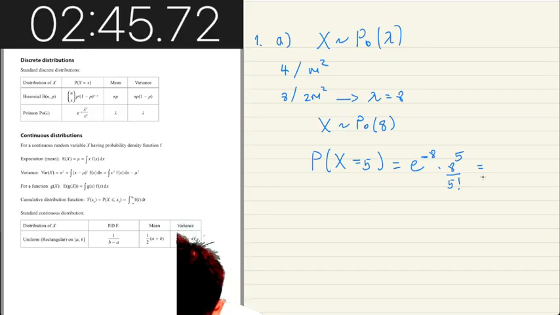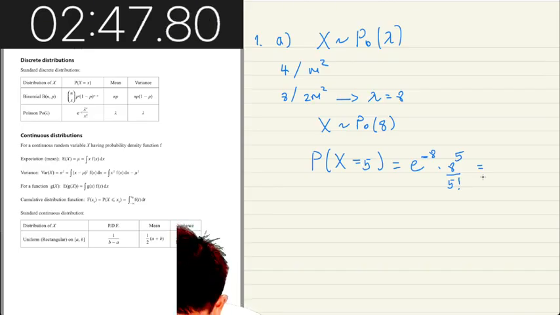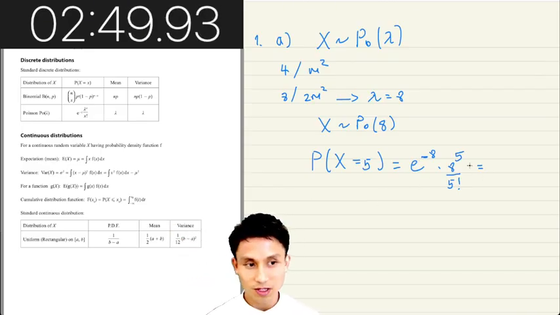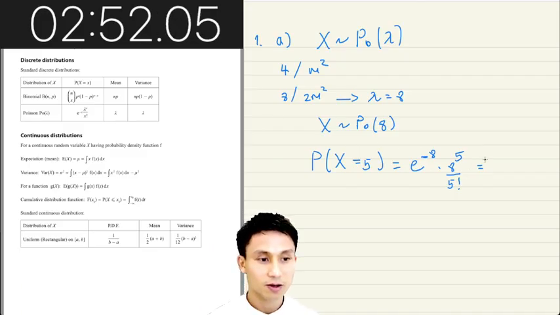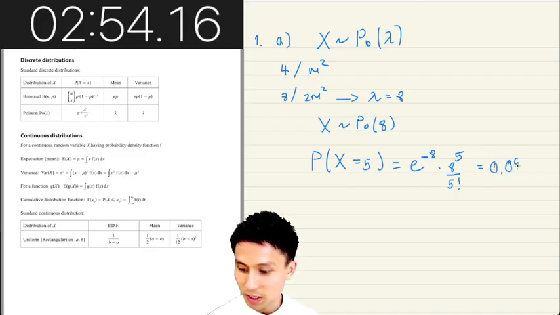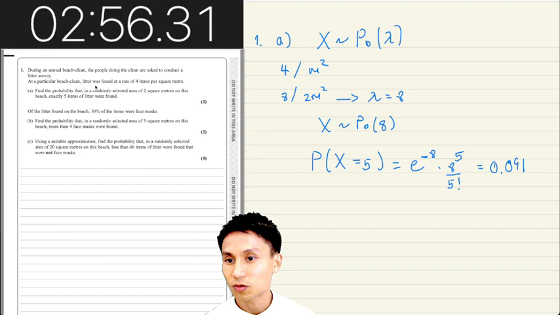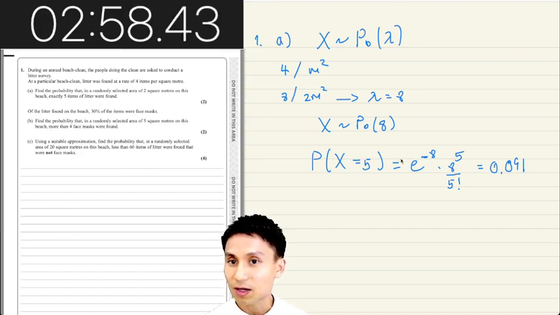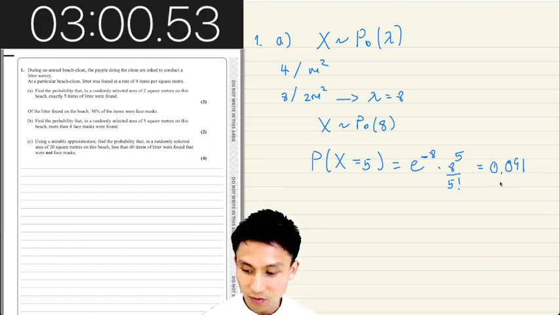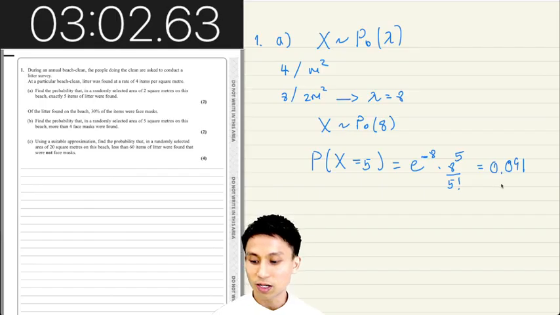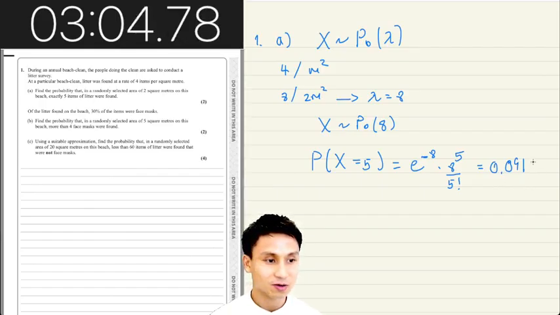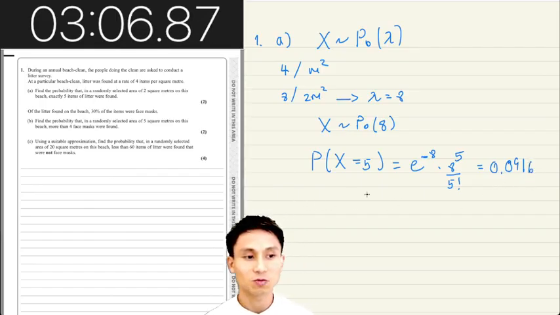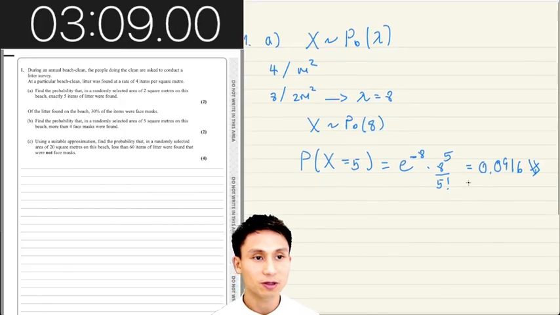Okay, it's that. So this is going to be 0.091. How many significant figures? I'm just going to give it 3 significant figures. So that would be 0.0916. Yeah? So that would be number 1 there.